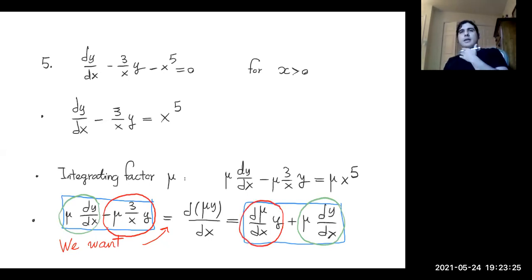The terms inside green circles are equal. Therefore, the terms inside the red circles need to be equal. So what we want is derivative of mu dx, the term in the red circle in the right-hand side, to be equal to minus mu times 3 over x, the other term in the red circle. This is what we want.